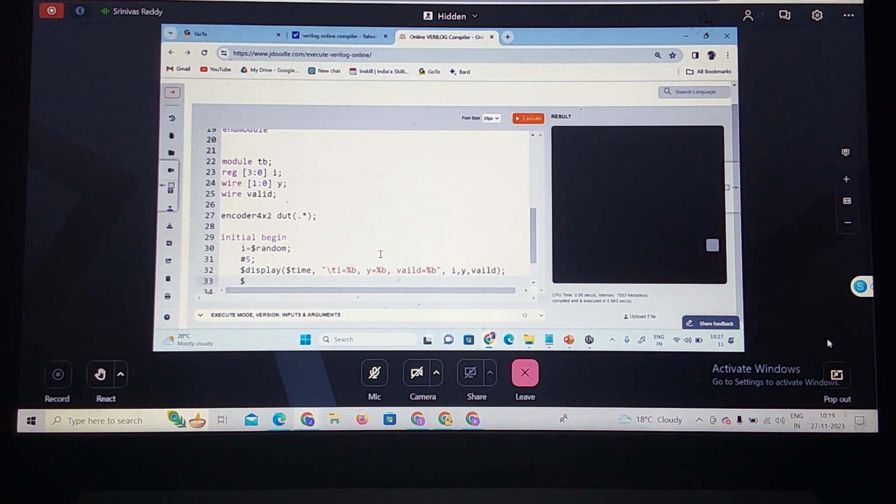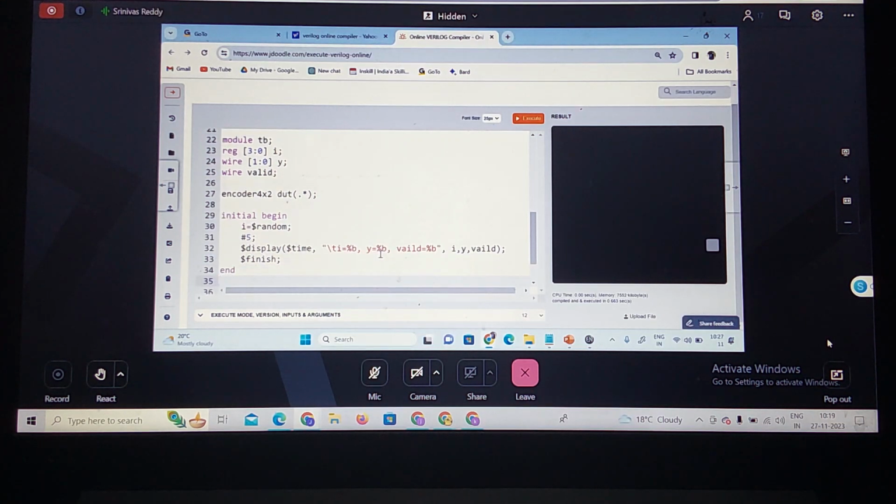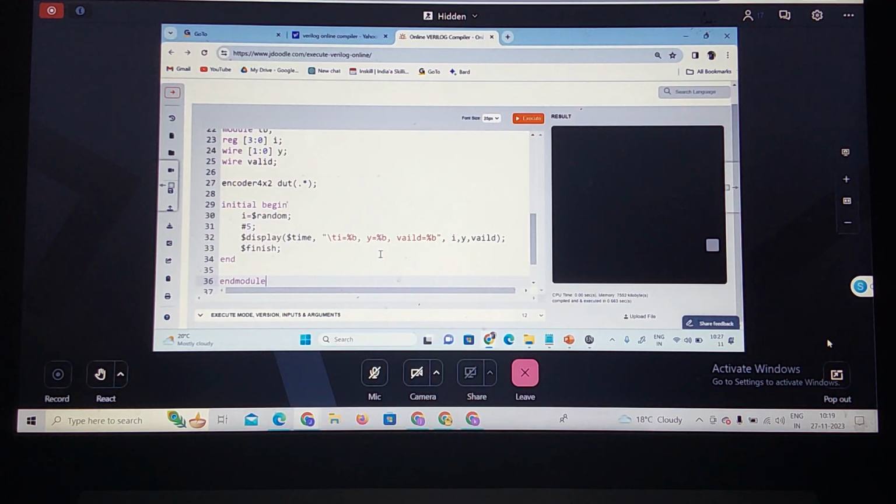Then finish this. Finish. Then end the initial. Then end the module. Later I'm going to repeat this. First let me verify for one input, one combination of these.